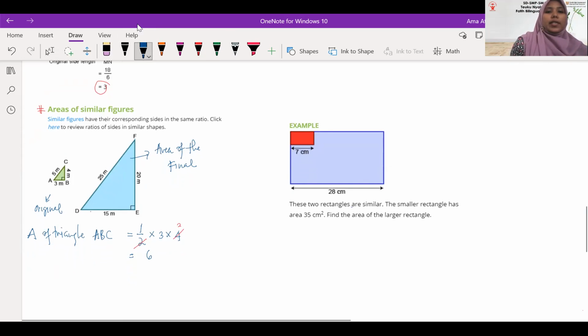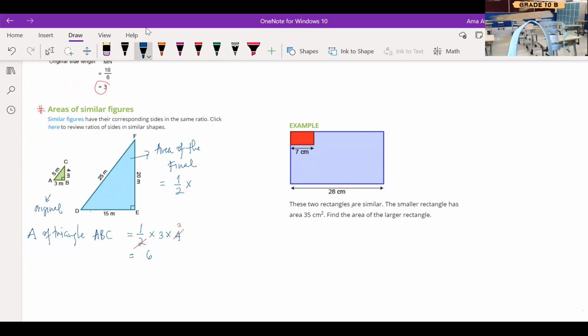Now we would like to find the area of the final using the formula. Area of the final is a half of, Zaskia, can you just continue? A half of? Times 15. Times 20.